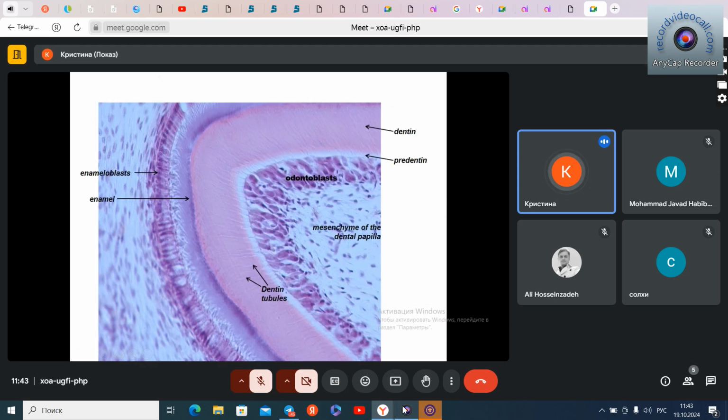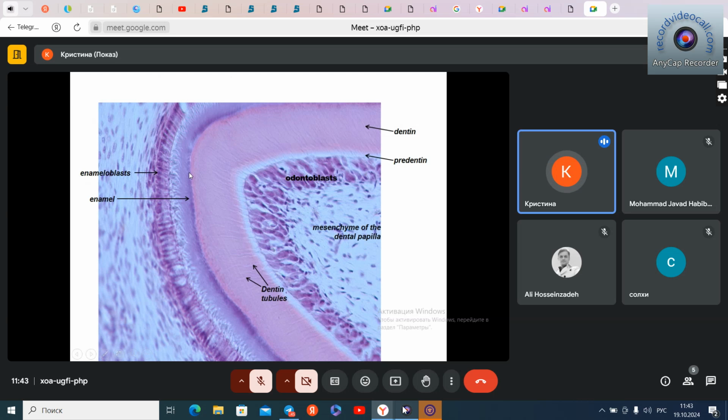This is the high magnification of the tip of the developing crown of the tooth. Enameloblasts are seen here. Here we see their basal portion. The nuclei are seen in the basal part of the cell, apical portion of the cells, and here Tomes processes of the enameloblasts or ameloblasts. So ameloblasts produce enamel.